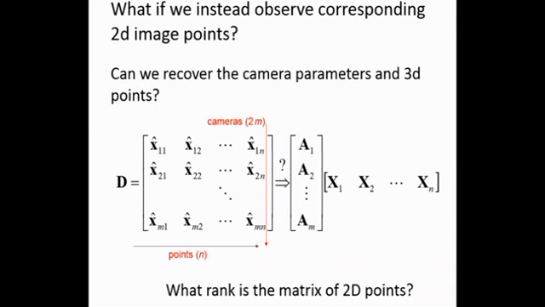So the first one is the rank. What is the rank of this matrix of 2D points? What is the maximum rank it could be? 3, right?